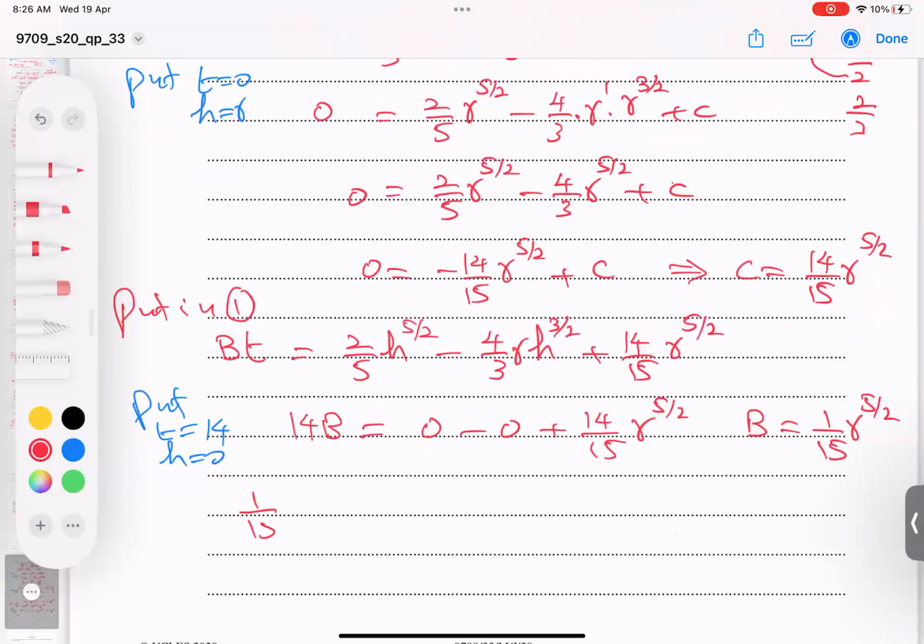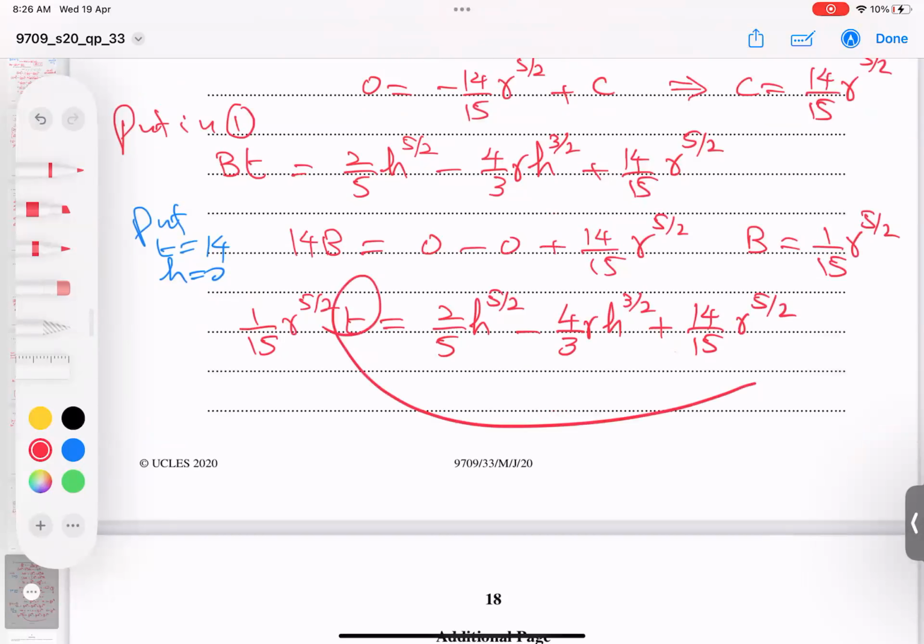So what do I get? 1 over 15 r to power 5 over 2 times 2 over 5 h to power 5 over 2 minus 4 over 3 r h to power 3 by 2 plus 14 over 15 r to power 5 over 2. Now my target is to make t the subject. So first of all, get rid of 15, multiply by 15 throughout.